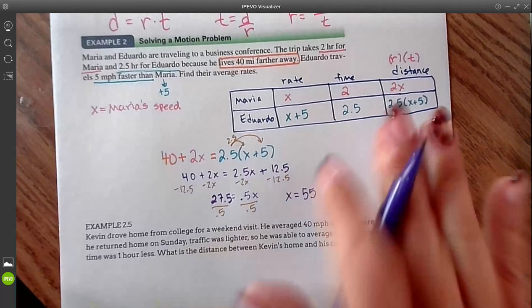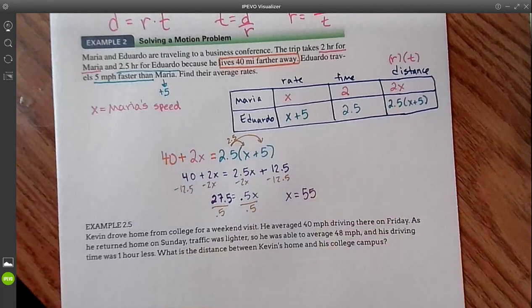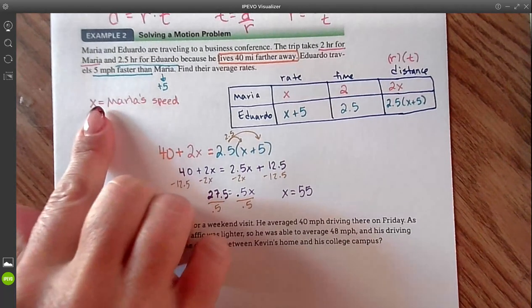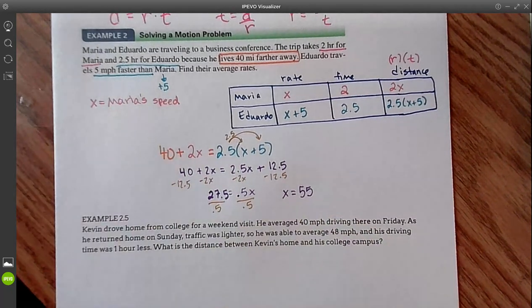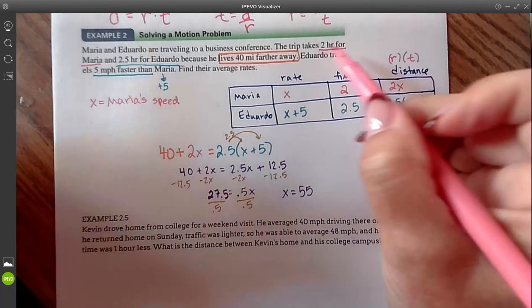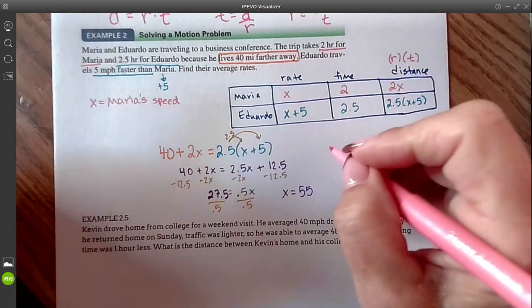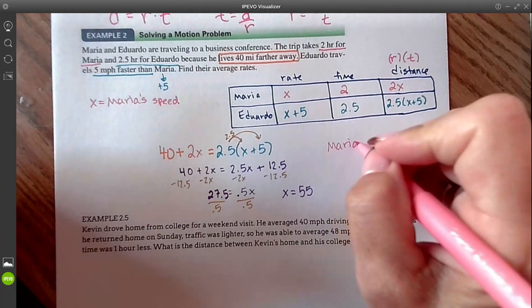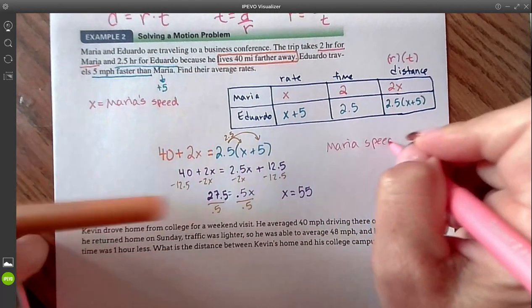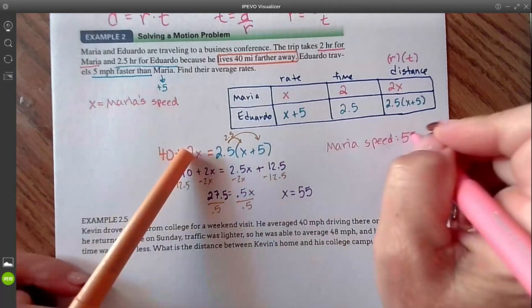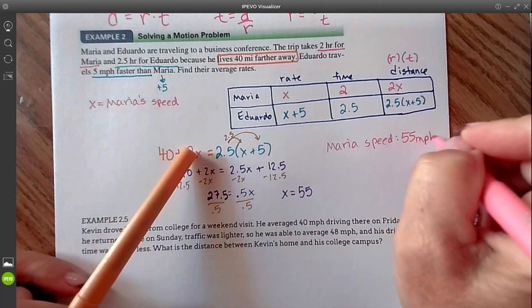But I have to know what that 55 represents so that I can use it to answer my question. The x represents, up here, Maria's speed. So now I know that Maria's speed is 55, and we're measuring in miles and hours. So Maria's speed is 55 miles per hour.